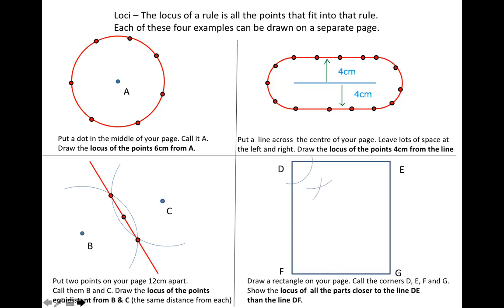I cut at the other, and I sit at this point, and I cut as well, and I draw a line. So these parts will be closer. So the points will be closer to the line DE than they are to line DF. So this will be a region of points.